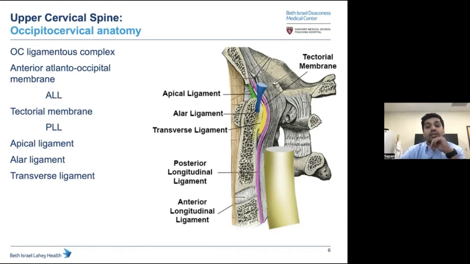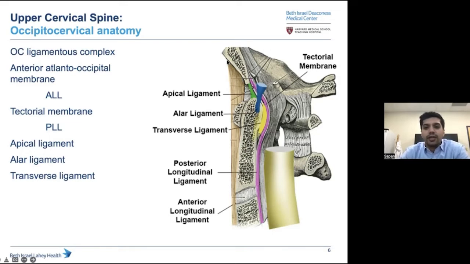We talked about just a second ago how 50% of the axial rotation and 50% of the flexion extension occurs at these two joints, even though there are seven cervical vertebrae. And that's really because of the ligamentous complex here. So I'll go through these and identify them for you.